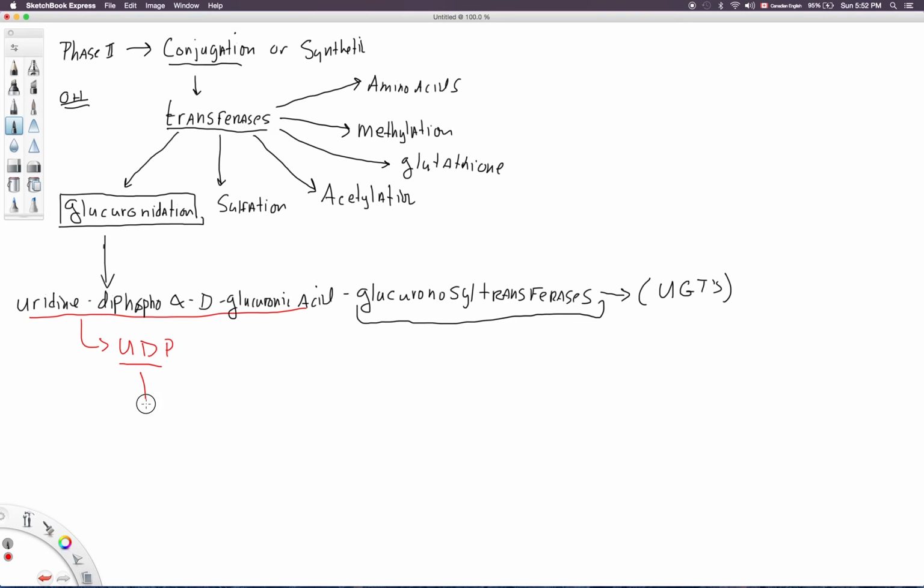Now, the reason that we need UDP is that it is converted into the modified glucose molecule, which is known as beta D glucuronide conjugate, or glucuronide conjugate products. So this is converted into the actual conjugation product, the glucuronic acid product.